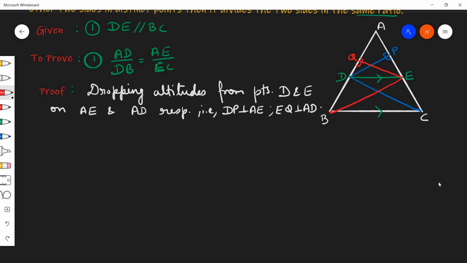We have joined EB. Now, consider the ratios that I am writing. It is area of triangle ADE divided by area of triangle BDE. How to find the area of a triangle? Area of a triangle is half of base into height.